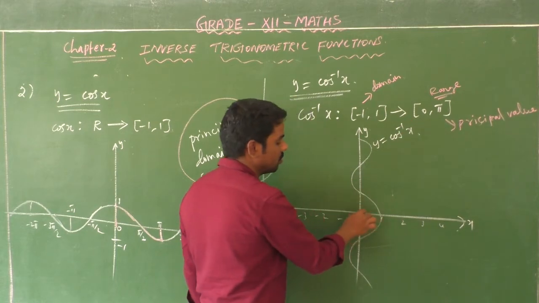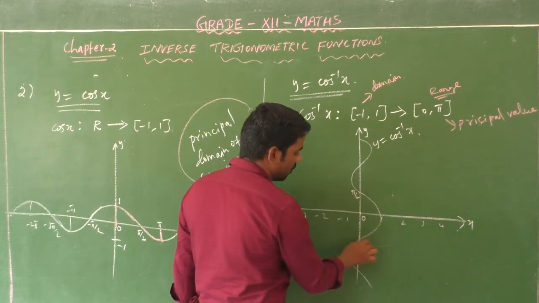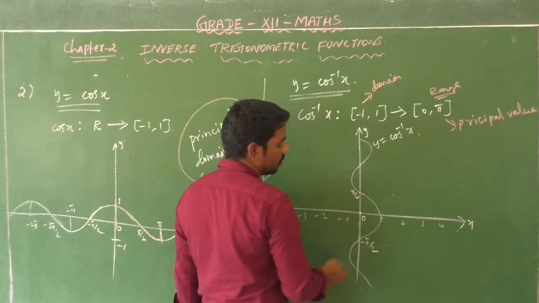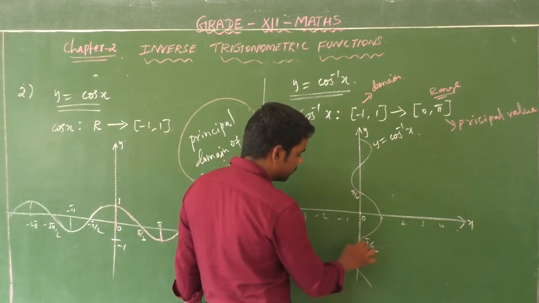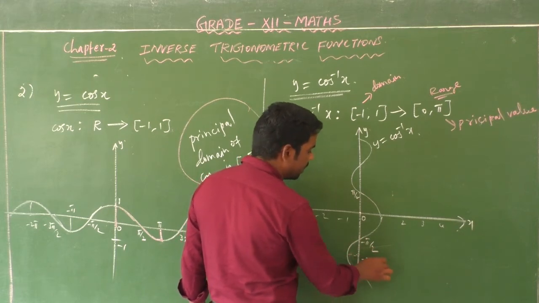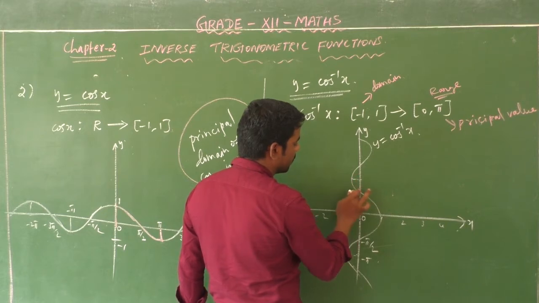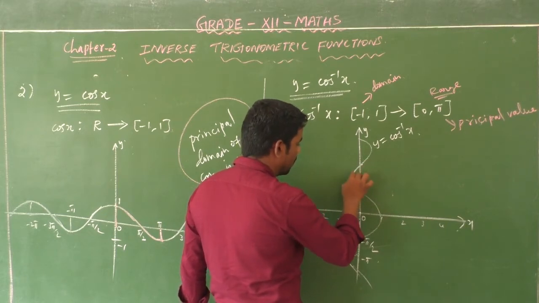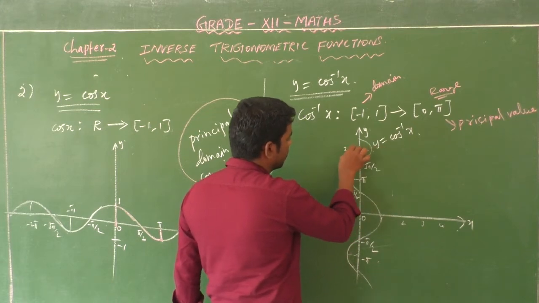Here 0, pi by 2, minus pi by 2, minus pi, and plus pi, 3 pi by 2 and 2 pi.